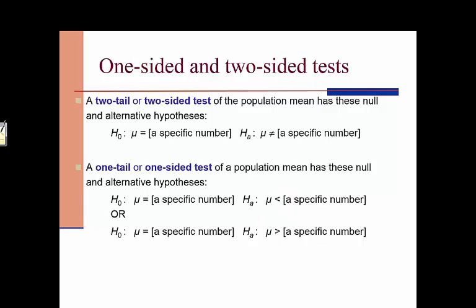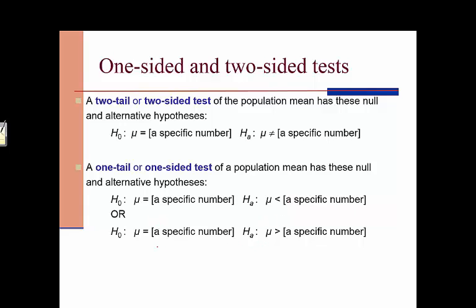Conversely, if you have a number that is less than, and yet here you're checking for mu greater than a number, then again your null hypothesis will not break, and therefore your alternative hypothesis will not be true. Okay, so for a one-sided test, you have again equality for the null hypothesis, but the alternative hypothesis tests for one side of it, so it's either less than a number or greater than a number.